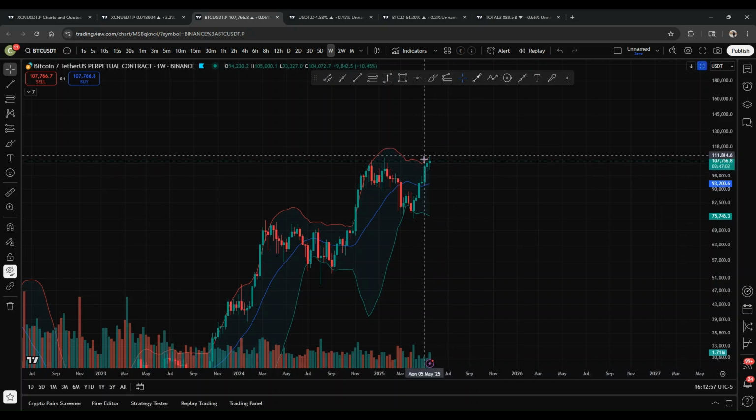It will be very interesting to see how this performs, because if we get a pump right at the end of the day, which is also going to be a weekly closing, that means we are going to be going up way too quick. Otherwise, we can test the moving average 20 and then go up from there. But that's what I'm thinking right now.